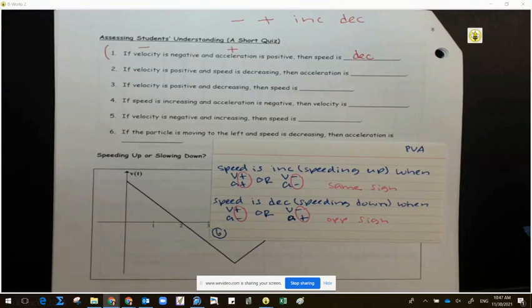Oh, wait. V and A. So if one is speed's decreasing. Okay. Velocity positive. The next one is down. Velocity is positive. Why don't we just take a picture?